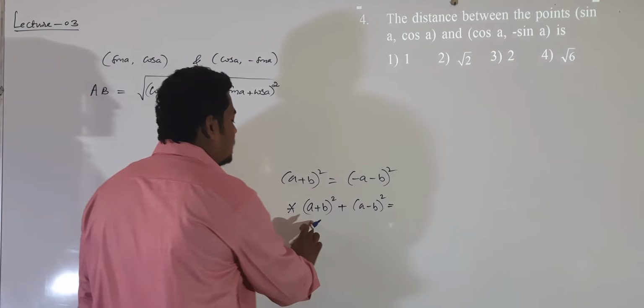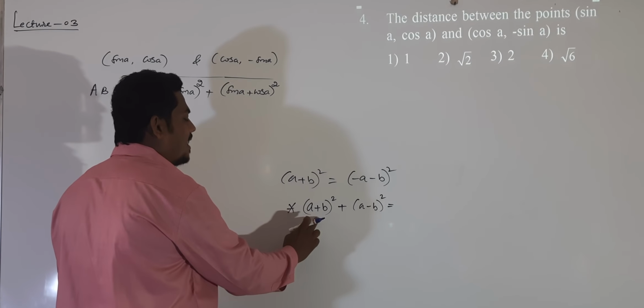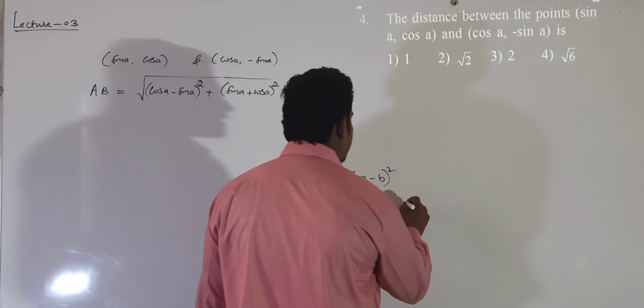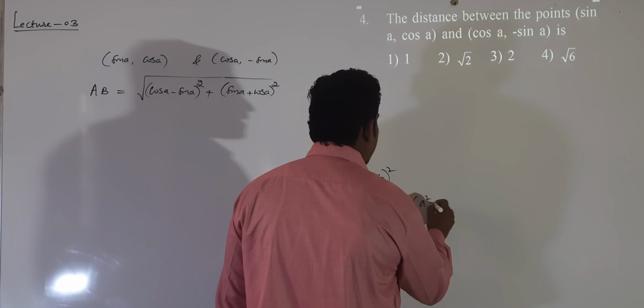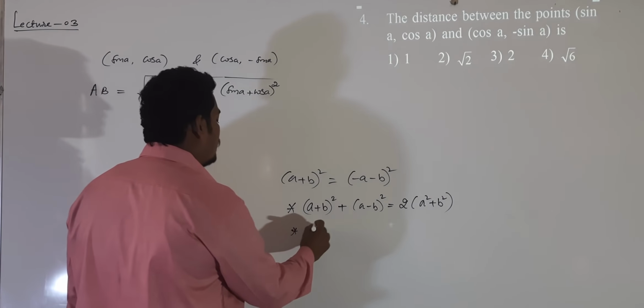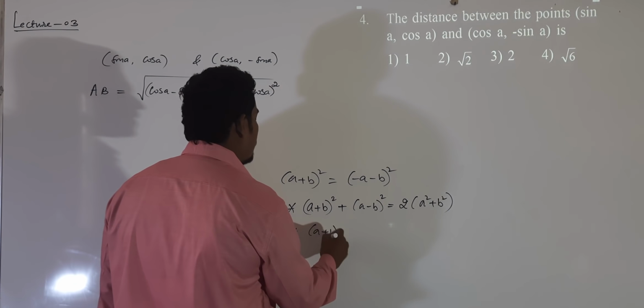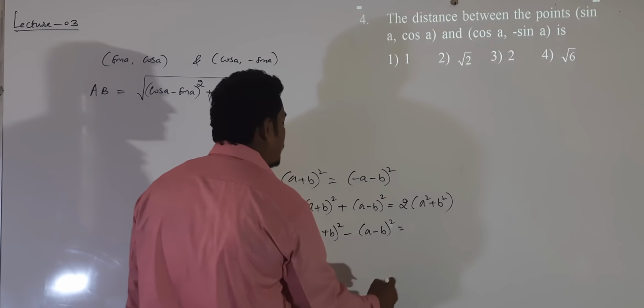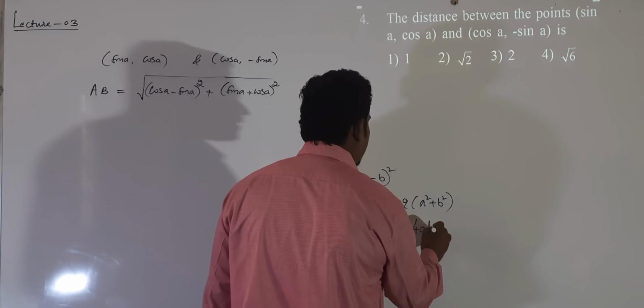Or else use this shortcut formula. Already you know a plus b whole square plus a minus b whole square is always 2 times a square plus b square, right? And one more formula, a plus b whole square minus a minus b whole square is 4 times ab.